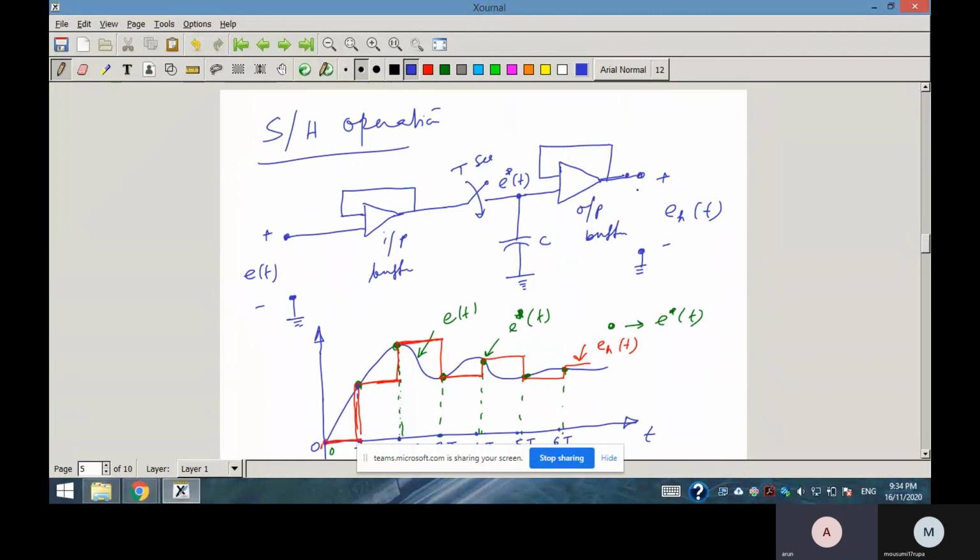So here another output buffer is given, so that this capacitor will not be loaded again. Here the input current will be 0. Okay, capacitor, and here again the output, that means the buffer means your output impedance is 0, input impedance is infinite.